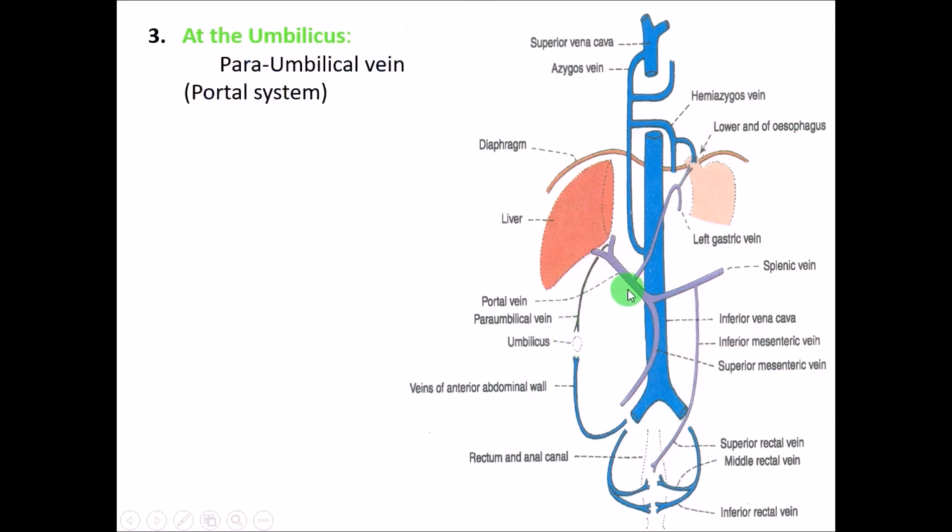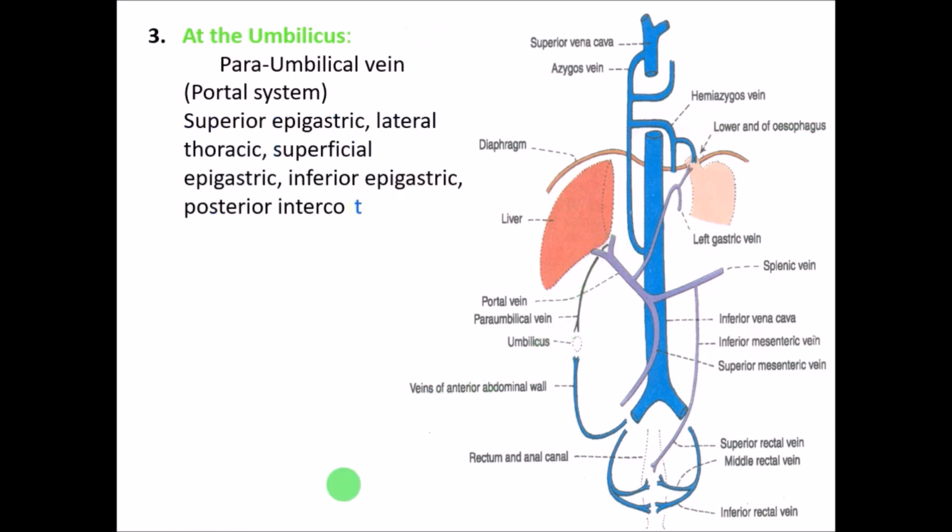Okay, here the umbilical veins, shown in black color here, drain into the left branch of the portal vein. All the veins of the abdomen, for simplification, they have mentioned the veins of the anterior abdominal wall, like the superior epigastric, the lateral thoracic, superficial epigastric, inferior epigastric, posterior intercostal, and lumbar veins.